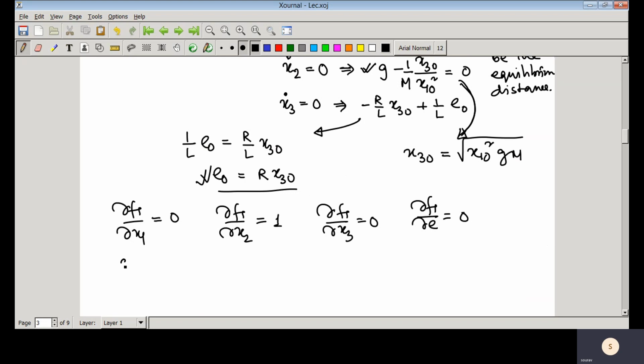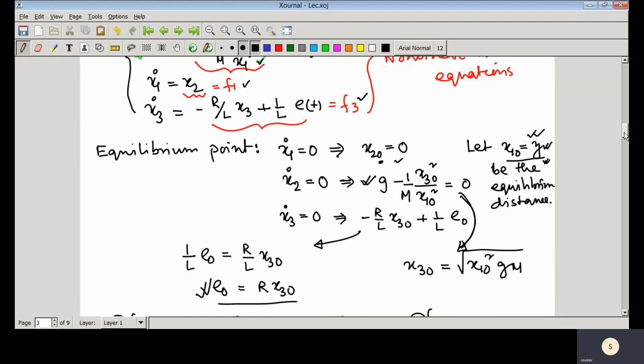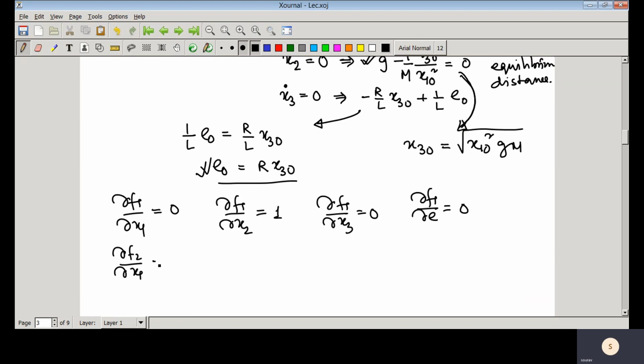Again we find del F2 by del X1. Let us see what F2 is. F2 is this one. Here you have x3 square by x1 square. If you take the derivative, you get 2 by m times x3 square divided by x1 cube, and you need to find it at the equilibrium point x10, x30.